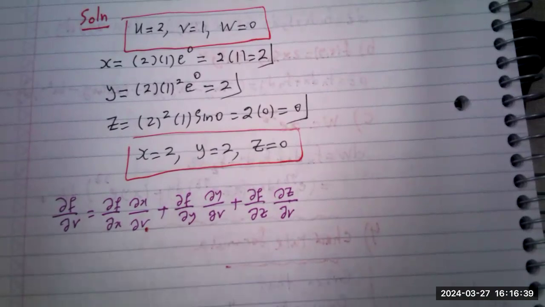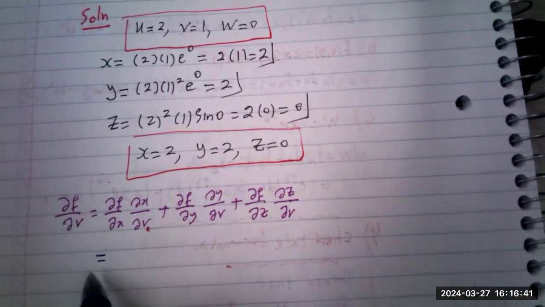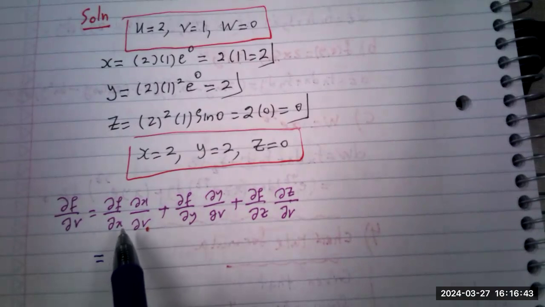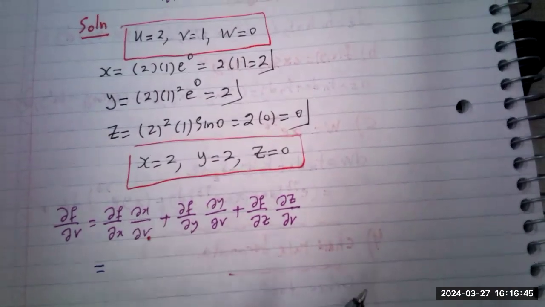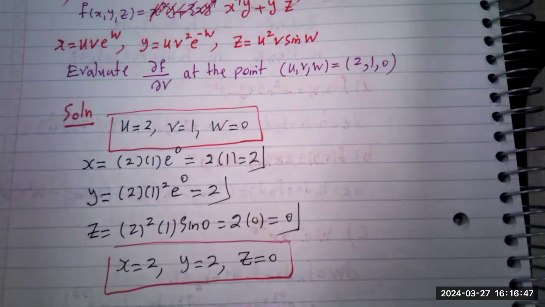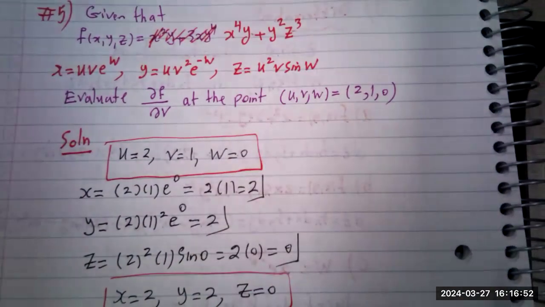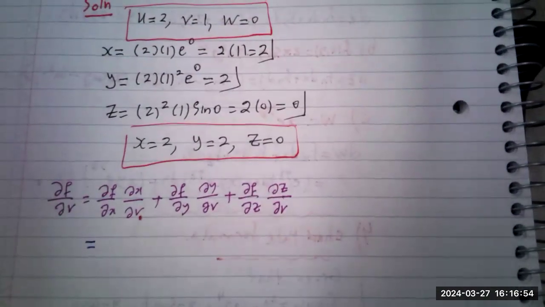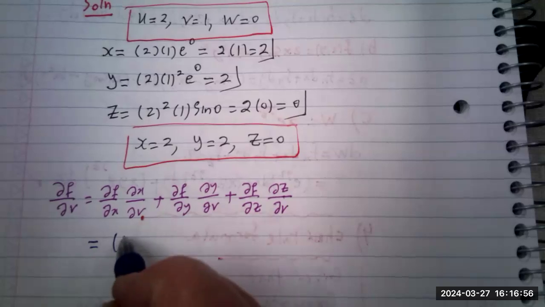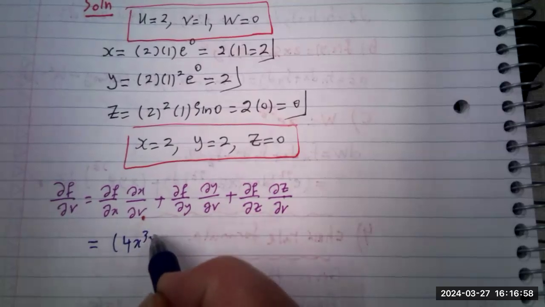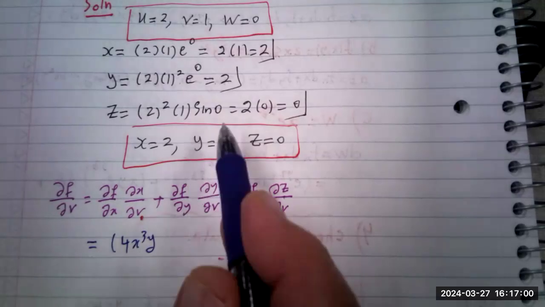Let's do it. It's going to be equal to the derivative with respect to x of the original function. Focus on x first. That gives me 4x cubed y, and in the second term there is no x.